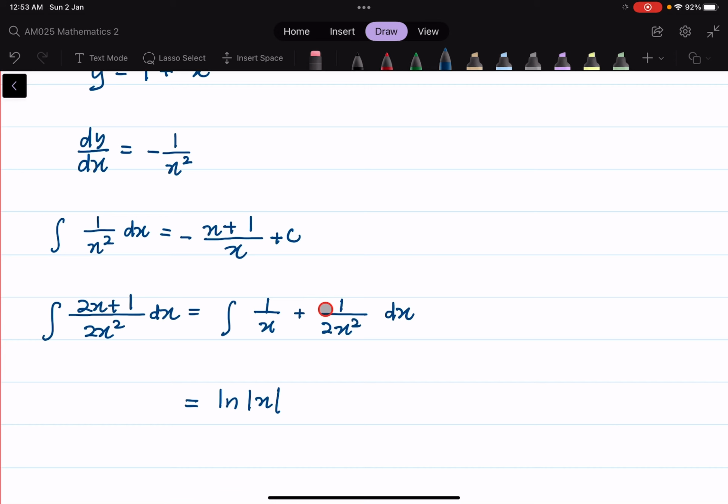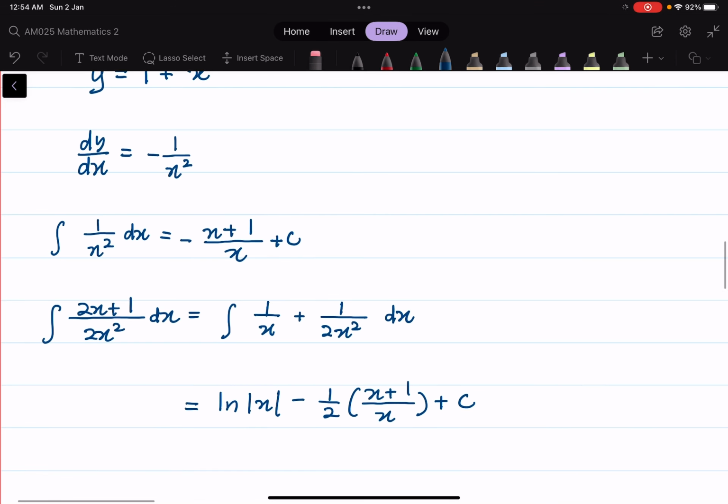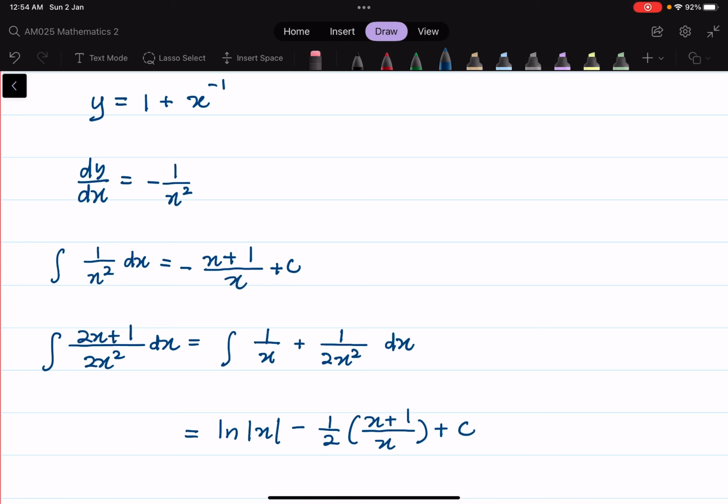So 1 over 2 is a constant, so let it be 1 over 2, and integrating 1 over x squared with respect to x, we're going to get negative (x plus 1 over x), so negative (x plus 1 over x), and don't forget to add a c. Yep, that's it.